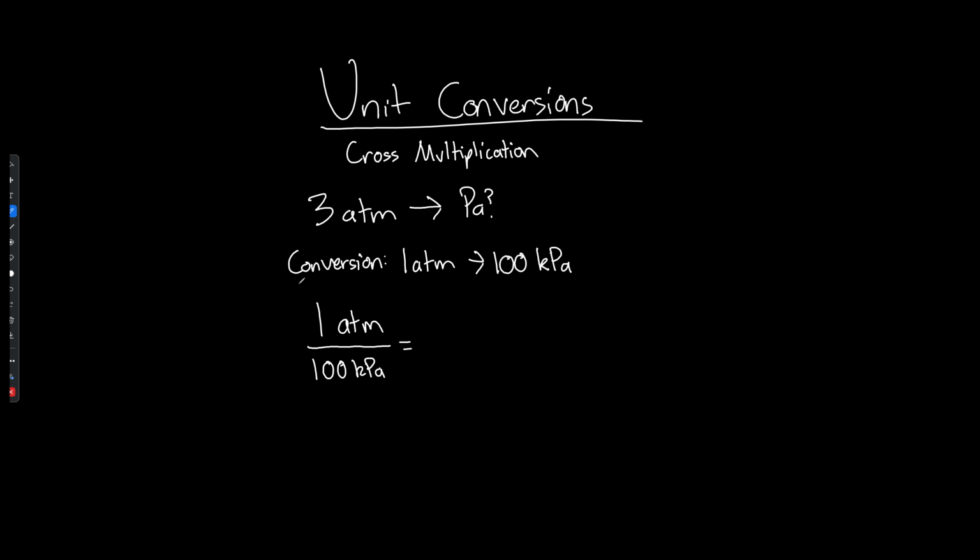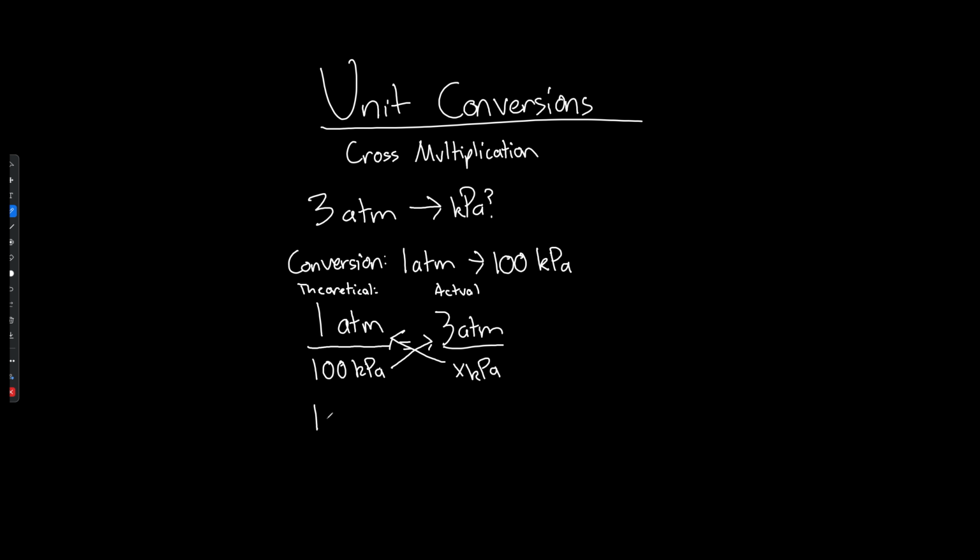This is basically the theoretical. And in the actual scenario, we have 3 atmospheres, and we're trying to figure out how many kilopascals that takes up. All you have to do from here is cross multiply.